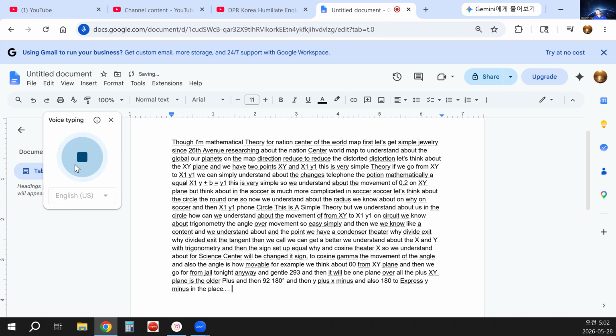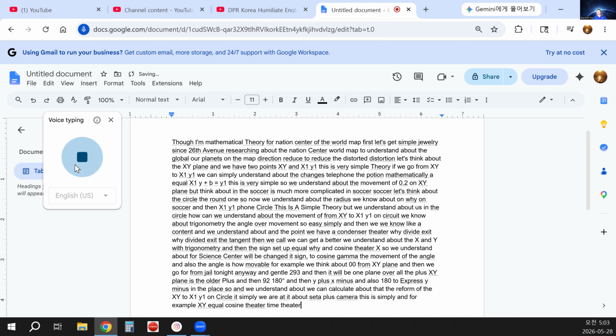So we can calculate that the change from X, Y to X1, Y1 on the circle is simply adding theta plus gamma. For example, X, Y equals cosine theta, sine theta.